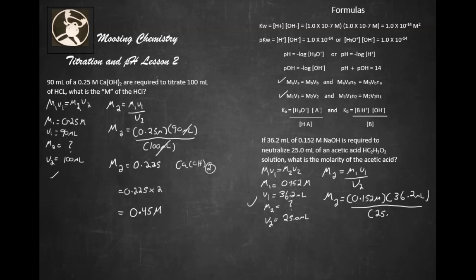Okay. So now I cancel out my common units. This time I'm going to use the calculator to see how it works for me, and see if I get the same number.